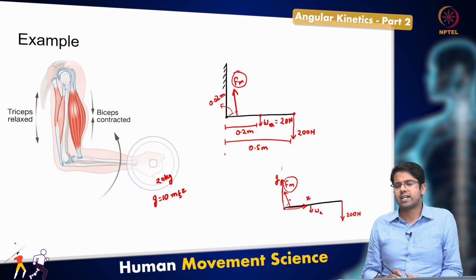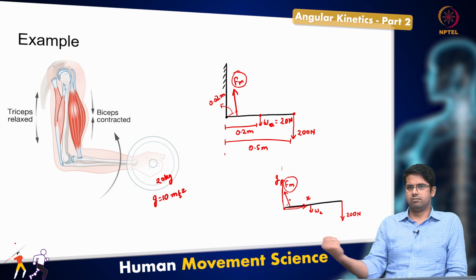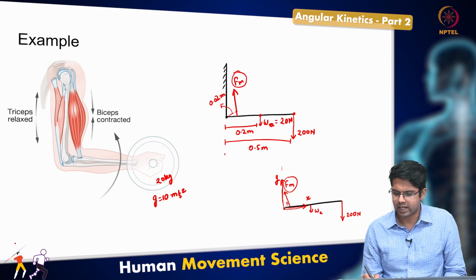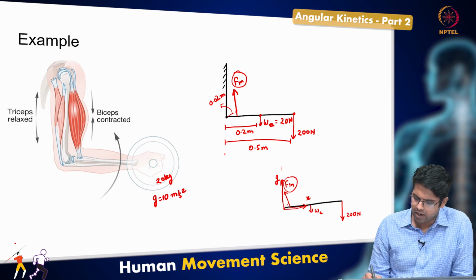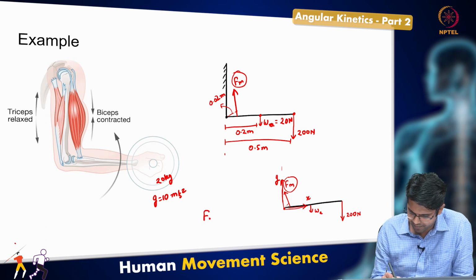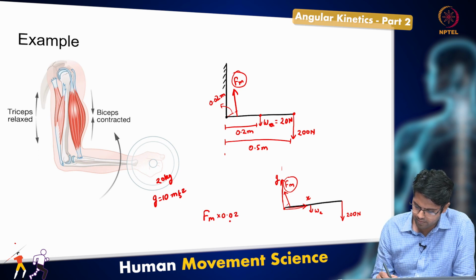If I say I am doing an isometric exercise where I'm holding this dumbbell in place at 90 degrees like that, so the net moment acting on this is Fm times 0.02.